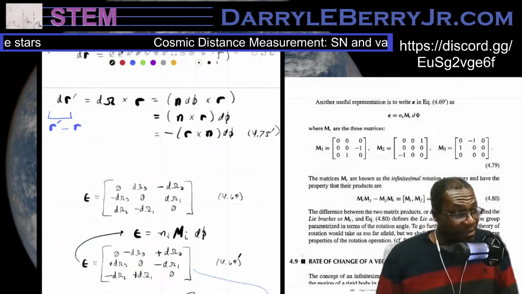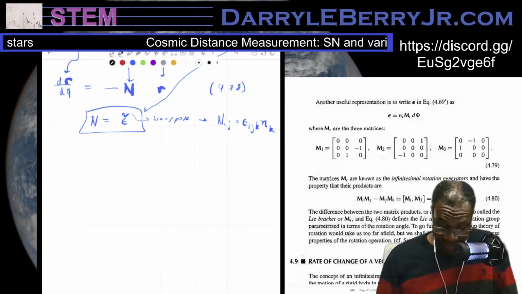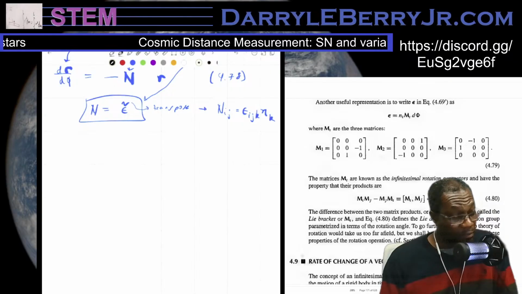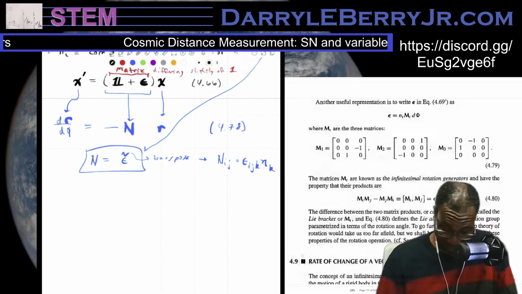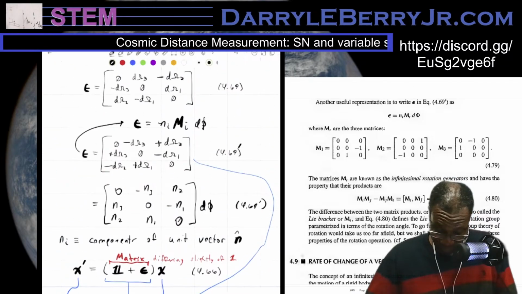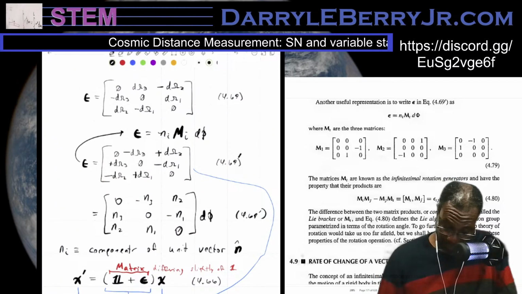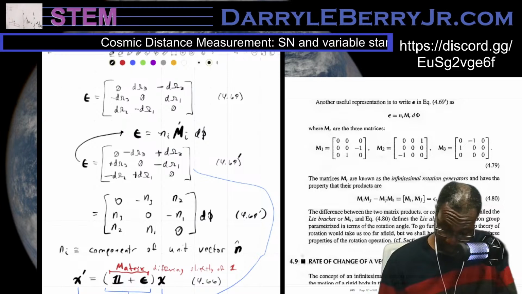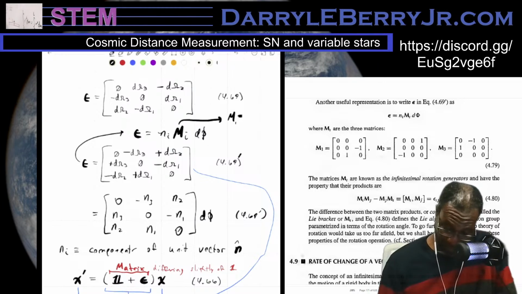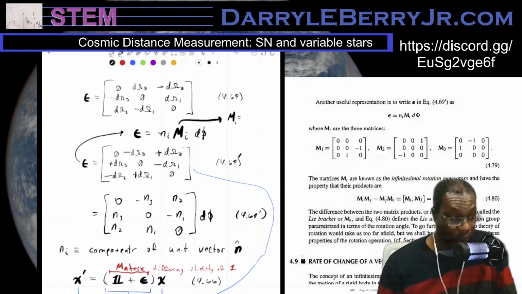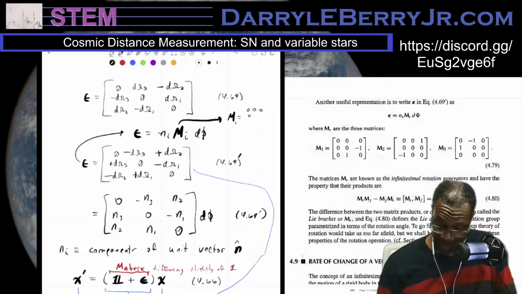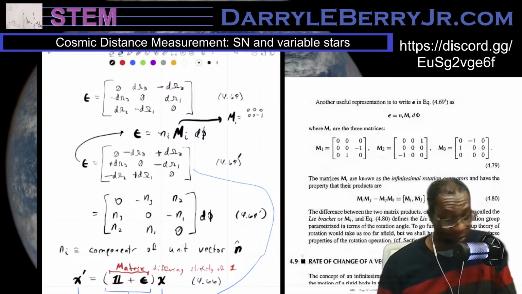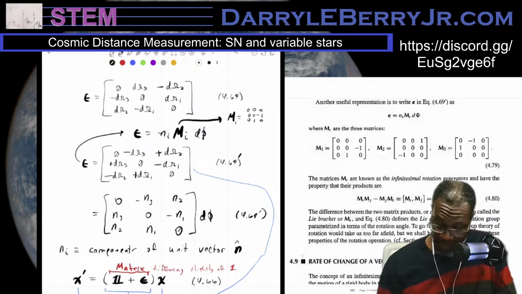The M_i are the three matrices. M1 equals 0, 0, 0; 0, 0, negative 1; 0, 1, 0.